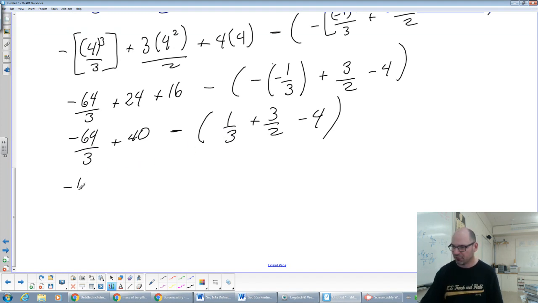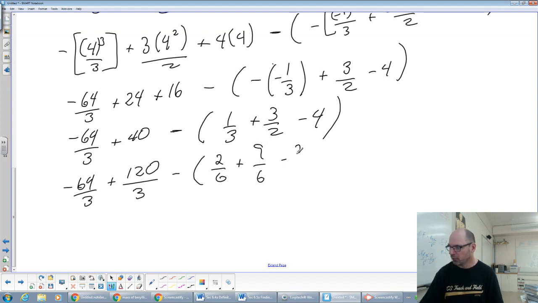So this is going to be -64 over 3 plus 120 over 3, because we multiply that by 3. And then subtract, okay, 1/3, we're going to have to do everything to sixths. So this will be 2/6. This will be 9/6. And this would be 6 times 4 is 24/6. Okay.